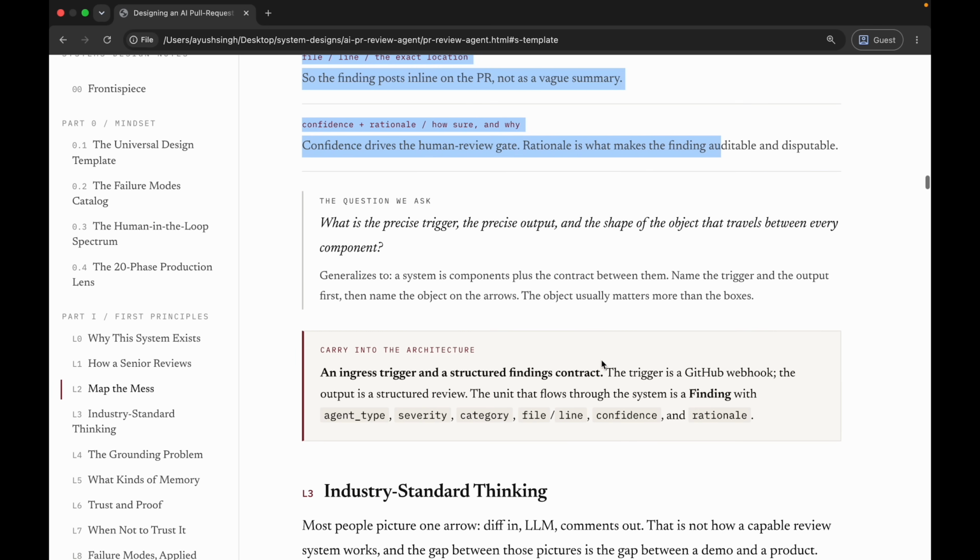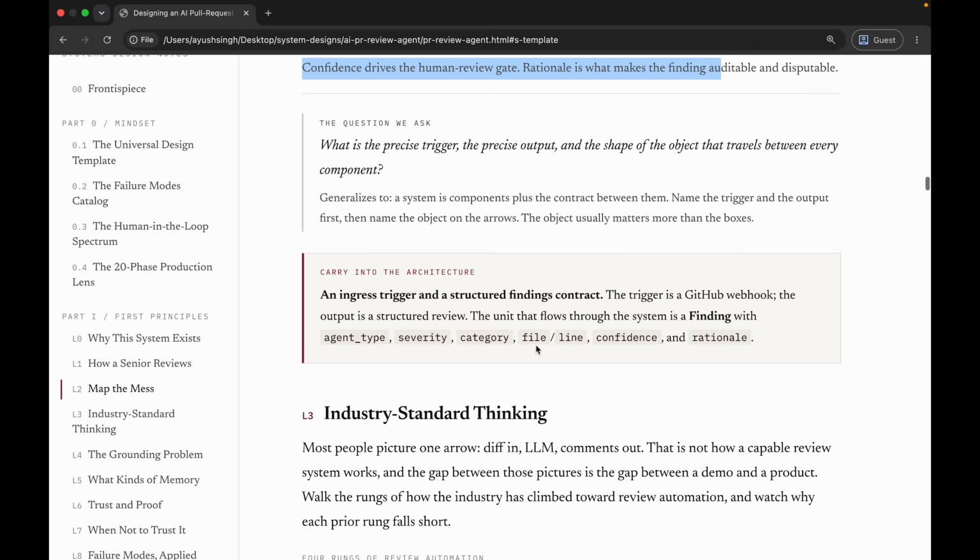So if we carry our architecture forward after mapping the mess, the trigger is the GitHub webhook. The webhook says, hey, here's the PR. The output is a structured review. And the unit that flows through the system is a finding, with the agent type, the severity, the category, the file, confidence, and rationale.